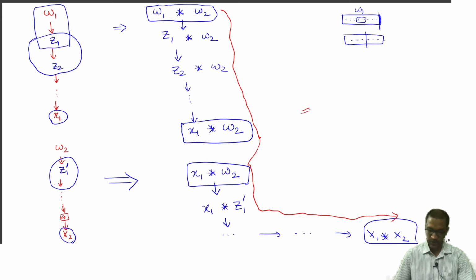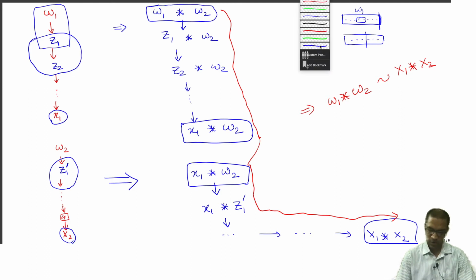So W1 star W2 is in fact equivalent to X1 star X2, as required. So on my set G, the binary operation that I have defined is at least well defined.